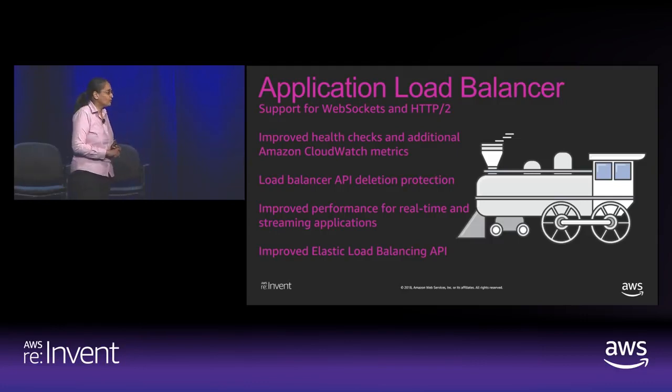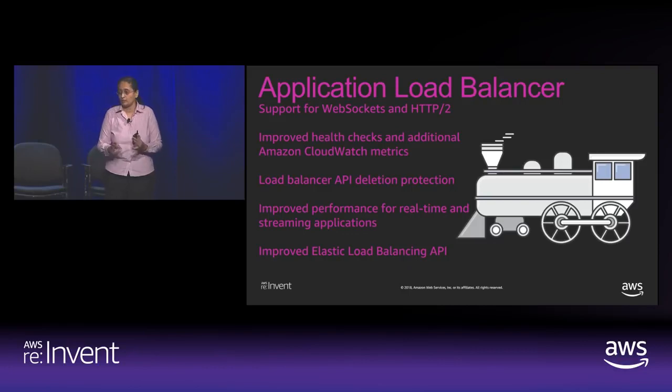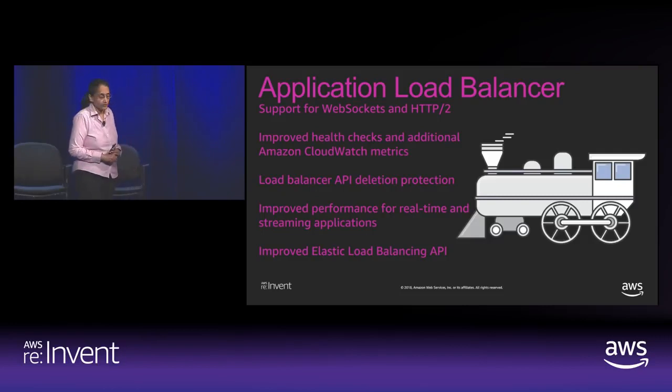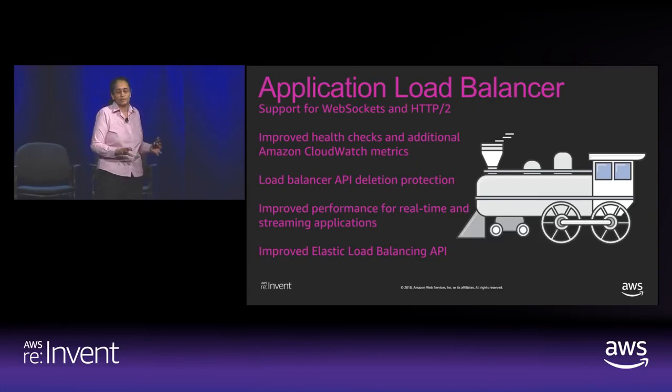We've improved the performance of the real-time applications that are rendered behind the load balancer. In a classic load balancer, we used to do a lot more buffering, which caused impact to some of your streaming applications. We fixed that in the application load balancer. Another big change for those of you who are using the application load balancer might have noticed already, the API model on an application load balancer is completely new.